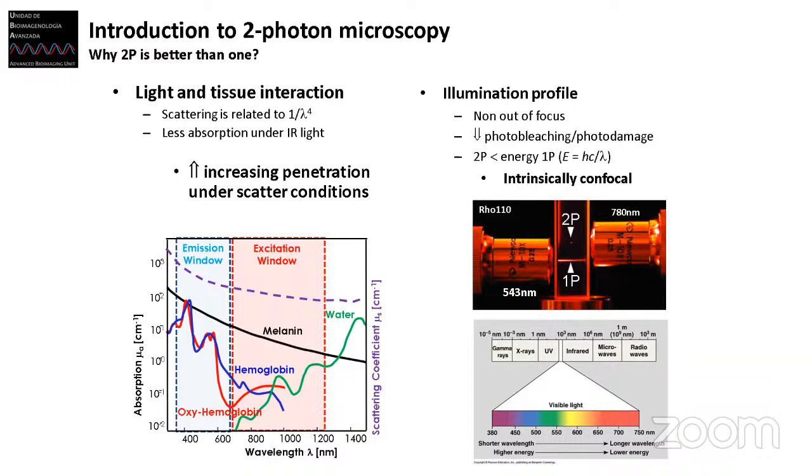And another important thing, as I mentioned, is the autofocus, and this little dot here is the two-photon excitation. This is basically a cuvette where we have rhodamine 110, a fluorophore, and if you do excitation with a single photon, you see the cone of excitation here. But with the two-photon 780, you see that you can only excite in this spot where you have time and spatial compression of the pulse.